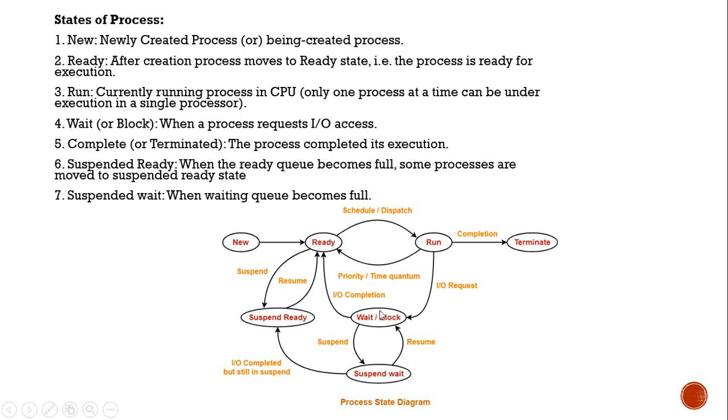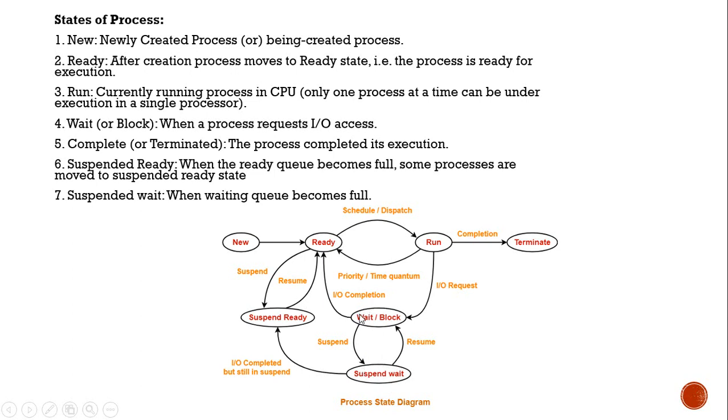The same happens with your suspend wait state. For example, we have many processes that are waiting for IO completion or IO execution. In that case also, if main memory gets full, some of the processes will get suspended and placed in the backing store, or we can say in secondary memory.